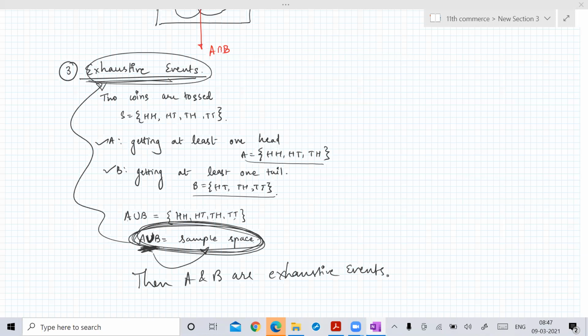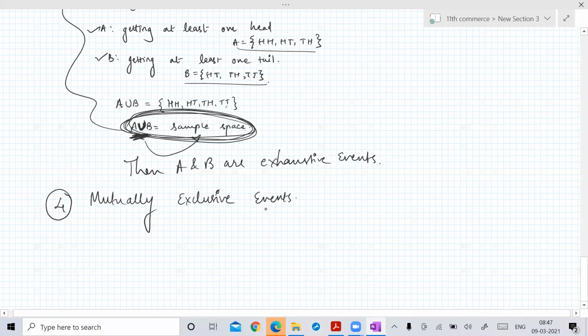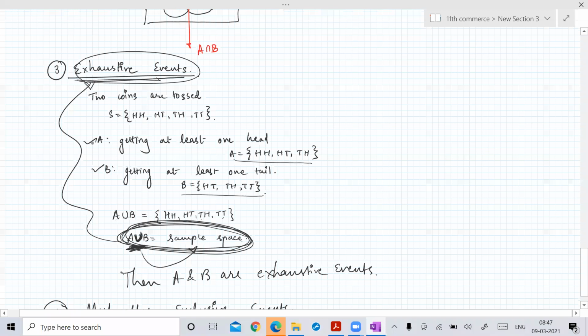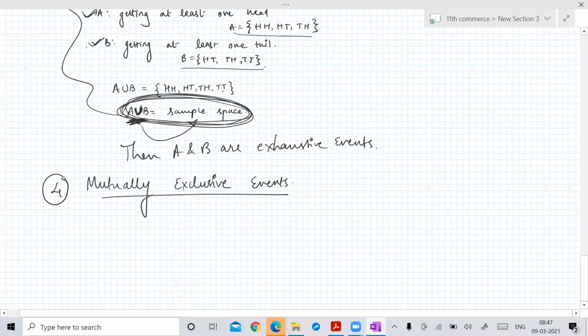Okay. Fourth one, mutually exclusive events. Again, for this also we need two events. For exhaustive events and for mutually exclusive events, we need two events. For exhaustive events also A and B were needed, and for mutually exclusive also we need two events.